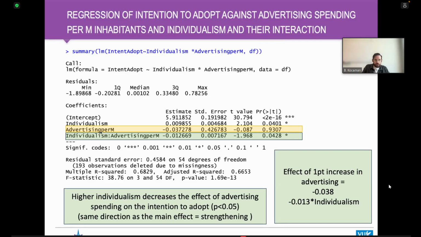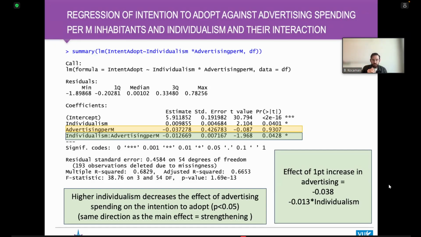In this case, we look at the interaction term. This is actually looking at individualism as a moderator, which is a bit different from what we've said conceptually. But let's take this: we are interested in the relationship between advertising spending and intention to adopt, and we now look at individualism as a moderator.